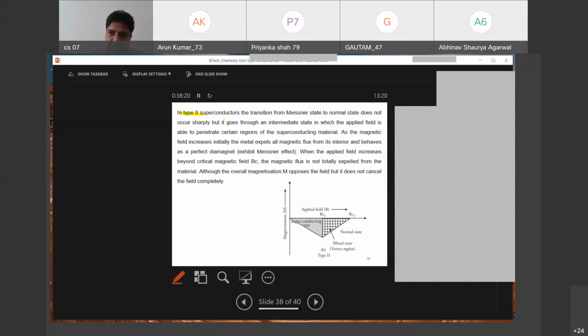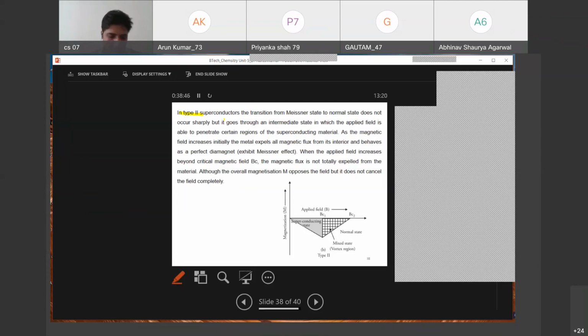Okay, Abhinav 63. Then Aman Sharma 64. Then Ariv Ahmed 56. Then Arun Kumar 73. Then Ayush Chaudhary 71. Chad Sharma 57.